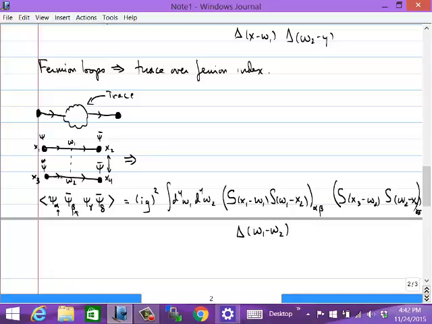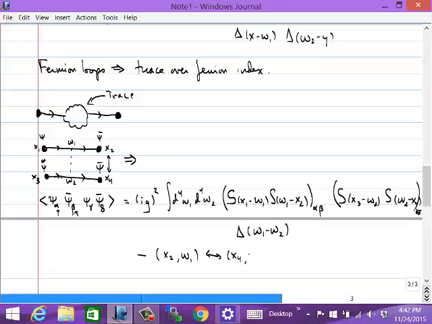And the important point that we want to make is that whereas when you considered external scalars, you would just add the U-channel diagram, when you have external spinors, you actually have to subtract the U-channel diagram. So the U-channel diagram would be the one where, say, x2 and w1 are interchanged with x4 and w2.